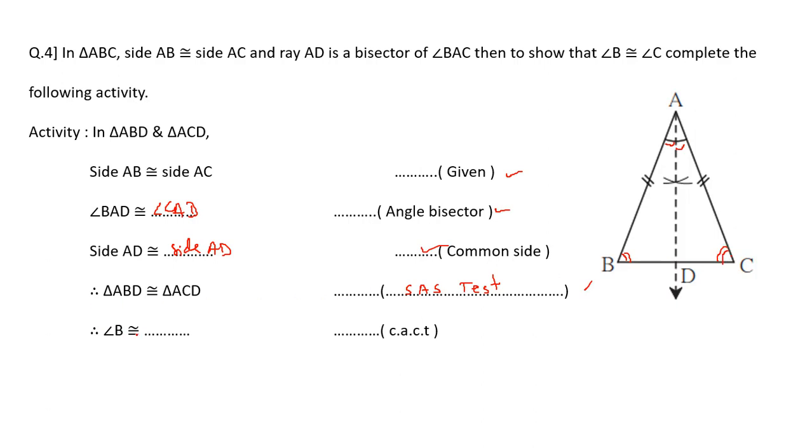So angle B is congruent to angle C by CACT. CACT means corresponding angles of congruent triangles in this way. So easily we complete this activity. Thank you.